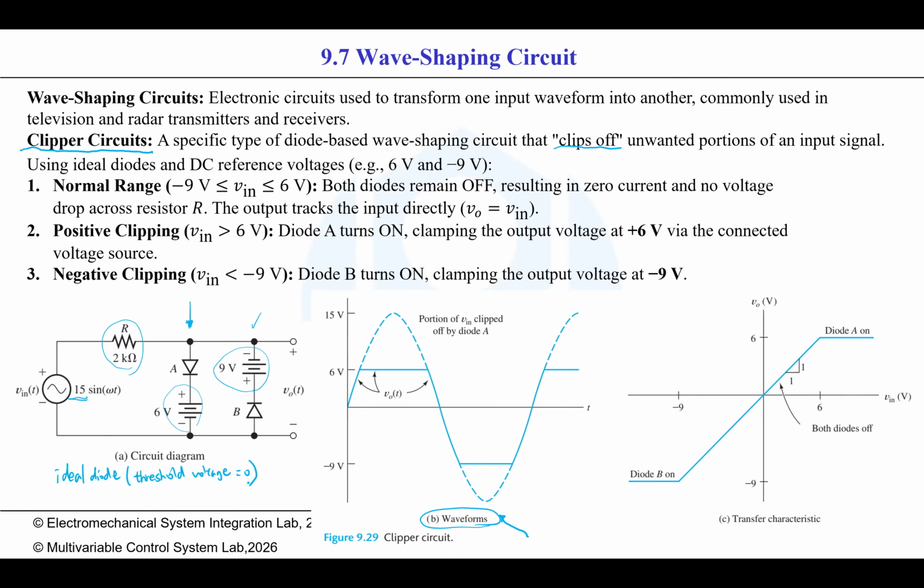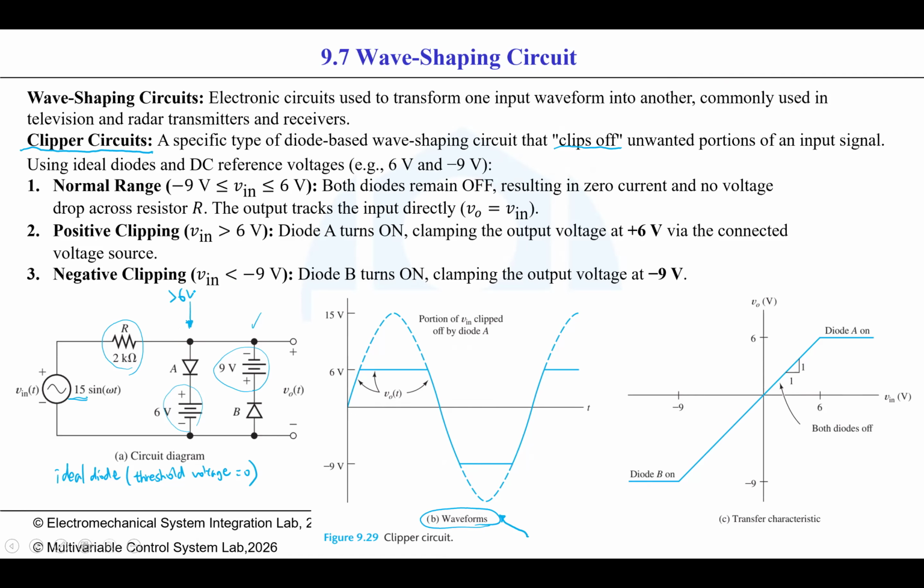For A to turn on, the voltage needs to be larger than 6 volts.